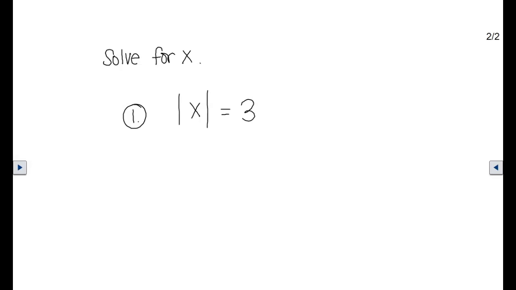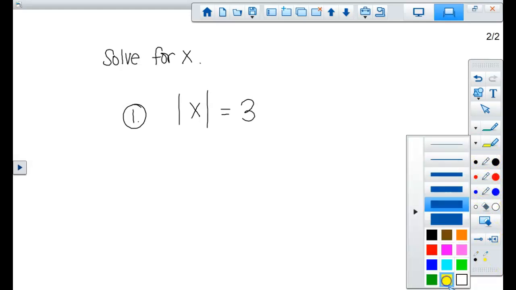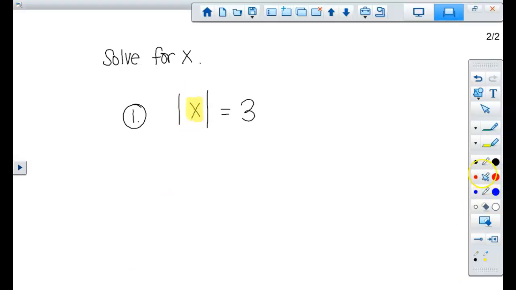Now, anytime you're solving an absolute value equation, one of the first things I want you to do is take a look at what's inside of those absolute value bars. So in this case, what I have inside of my absolute value bars is an x. And this says that the absolute value of x is 3. Now remember here what I said. When you see absolute value, I want you to think of that as a distance.